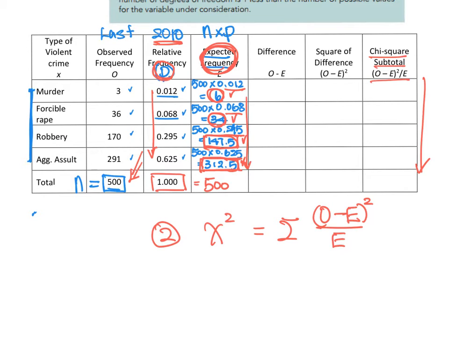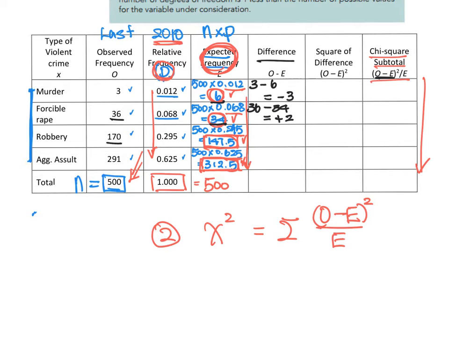So now I need the difference before taking the square. The observed 3 minus the expected 6 will be negative 3. Then the observed 36 minus the expected 34 is a positive 2.